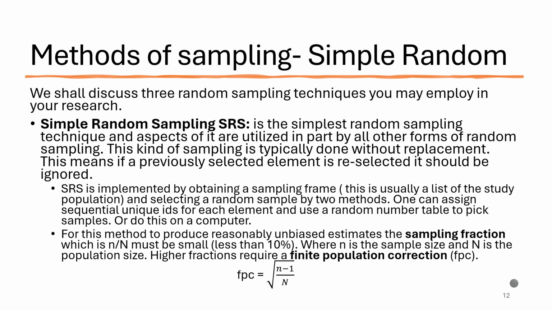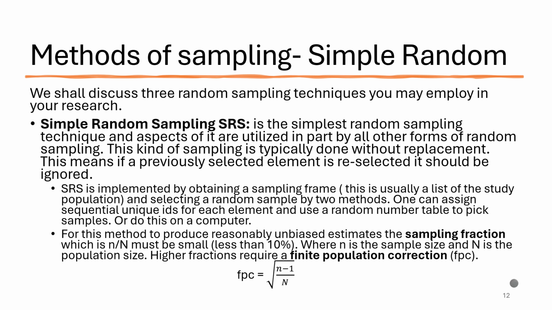Methods of sampling: simple random sampling. This method of sampling is ubiquitous. It's the most common, most widespread way of sampling. In fact, all other kinds of random sampling depend on the concept of simple random sampling, right?